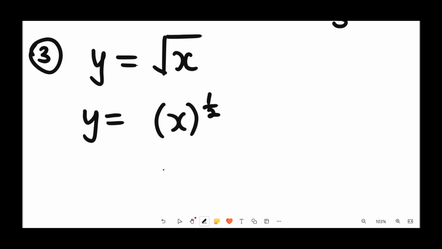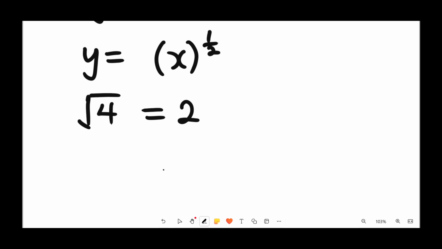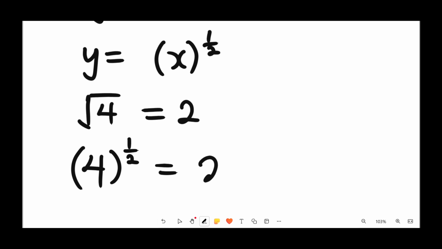Let us verify. If I have square root of 4, we know it to be equal to 2. Now let us verify whether 4 exponent half is the same as 2. So square root of 4, I can write as 4 exponent half. And this will be equal to 4 expressed as 2 exponent 2, but there is a power outside it, so we bring it back.